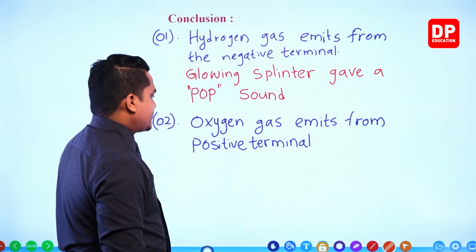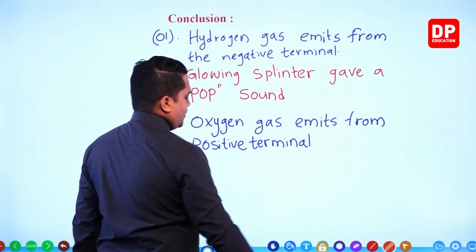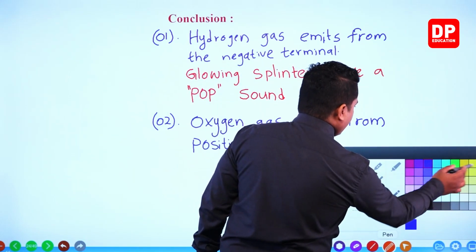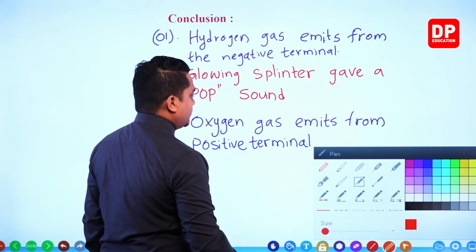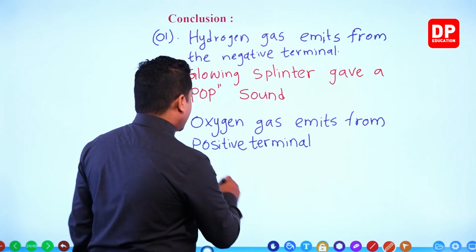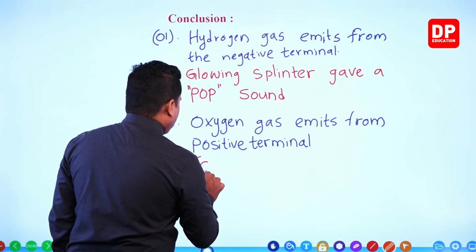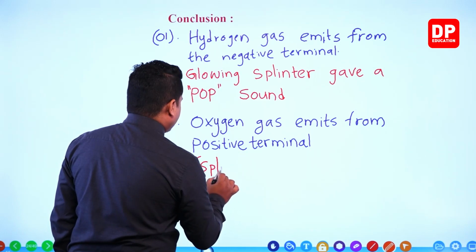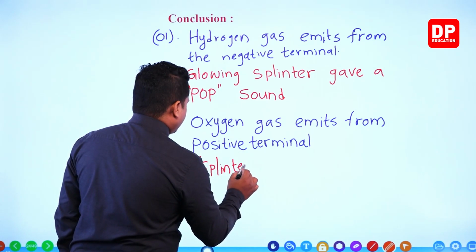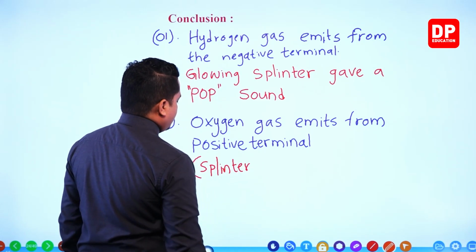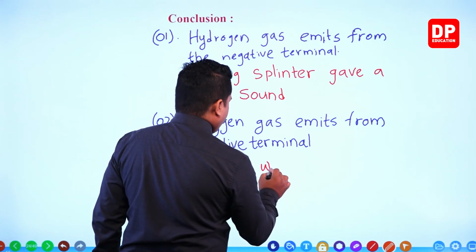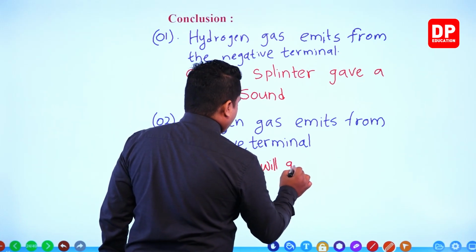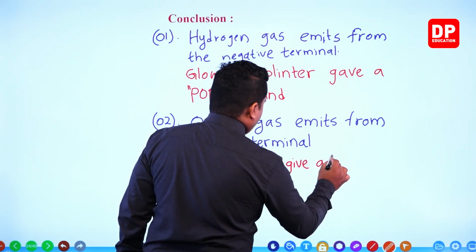Oxygen gas emits from positive terminal. Here you know that the glowing splinter is going to give out a bright flame, okay? Splinter will give a bright flame.